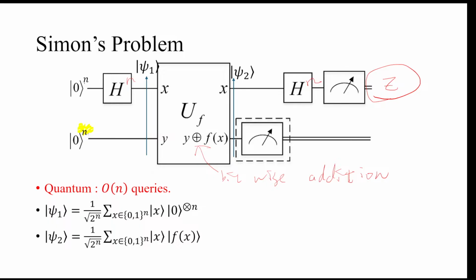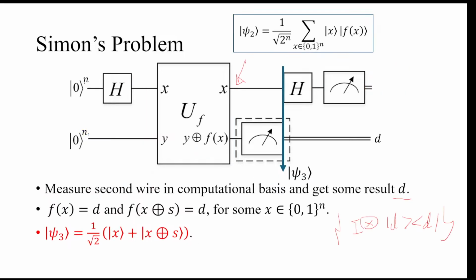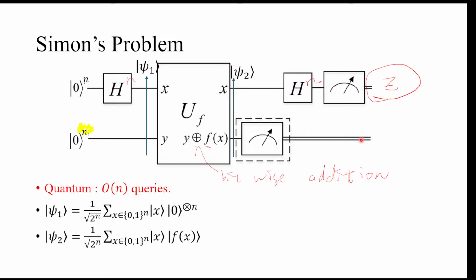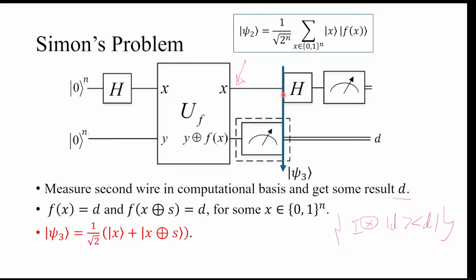Okay, and now we do our principle of implicit measurement, because this register is not used, so we might as well measure it. And because we never do any interaction between this wire and this wire, we might as well do the measurement before we even do the Hadamard. Okay, so let's see what happens when we measure the second register.